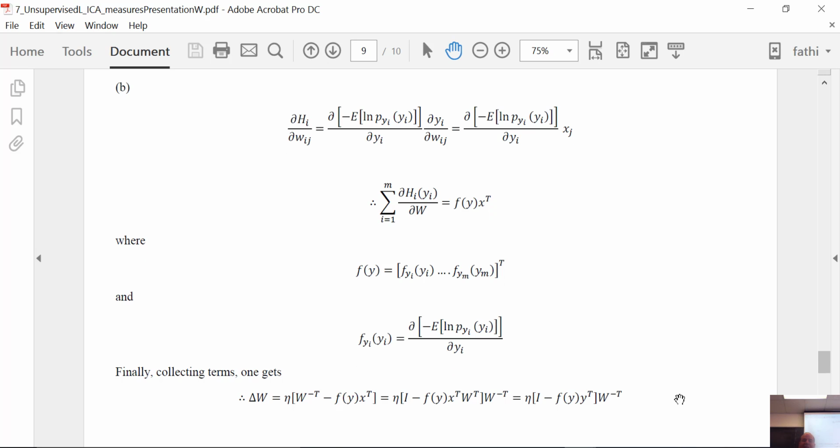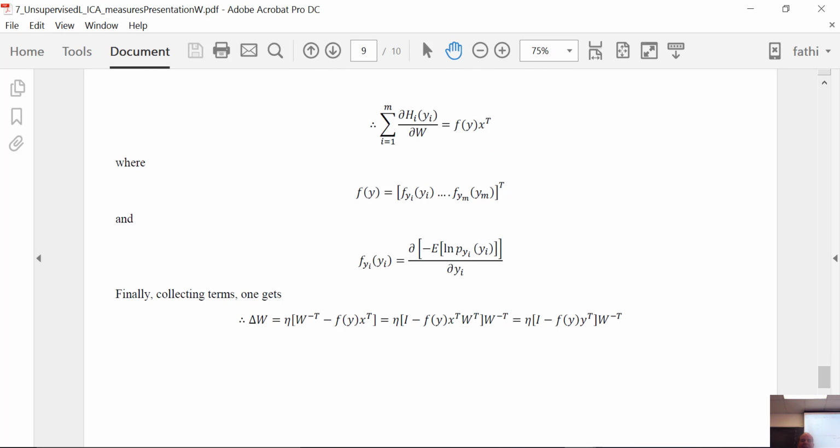And this is the term where you need information about the density. And we're going to use the Gaussian approximation of this density. And depending on the estimation of the density of the process, Gaussian or sub-Gaussian, you do the calculations, you end up with an expression of this sort.